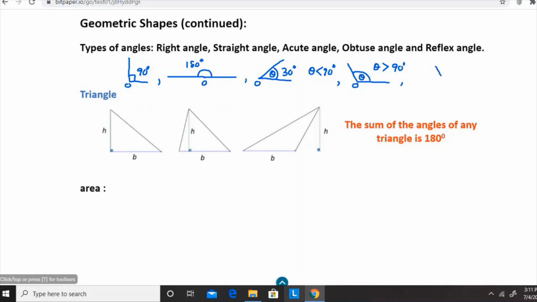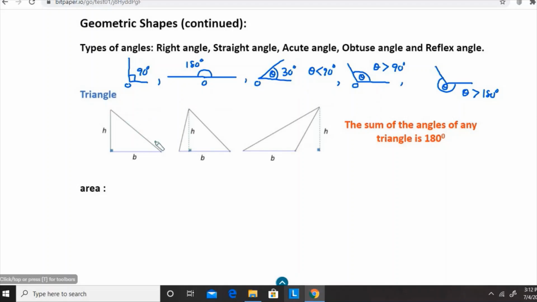So again, something like this. But now instead of looking at this angle, we look at this angle. That's our theta. So here, theta is greater than 180 degrees. That's an angle we call a reflex angle. So these are the 5 types of angles that you need to know.